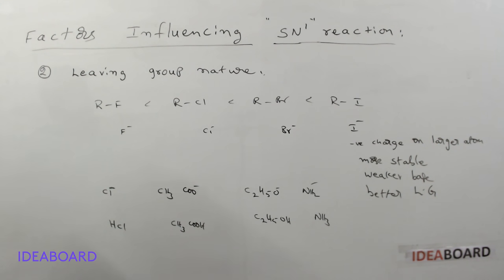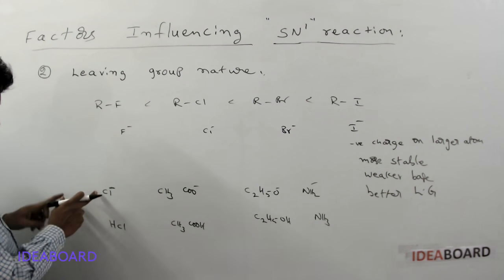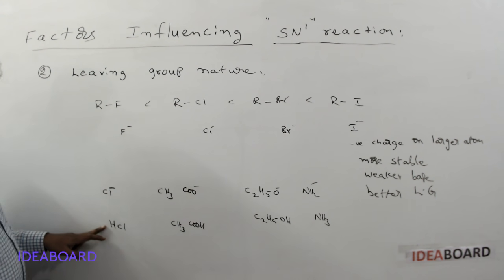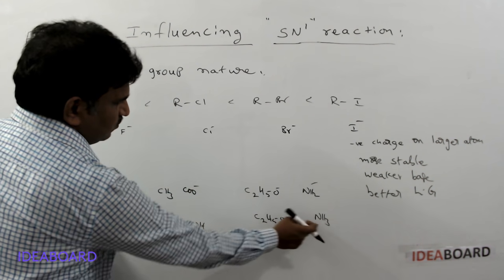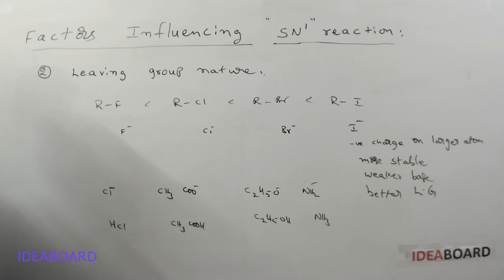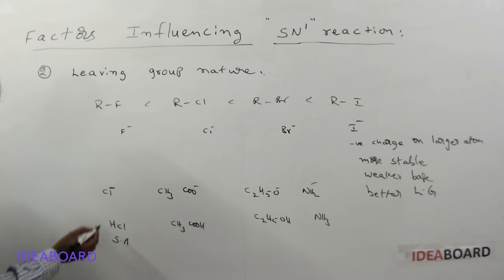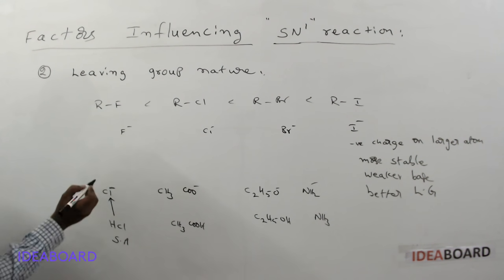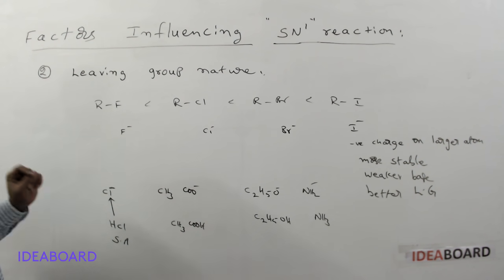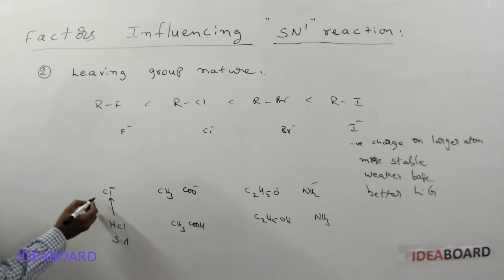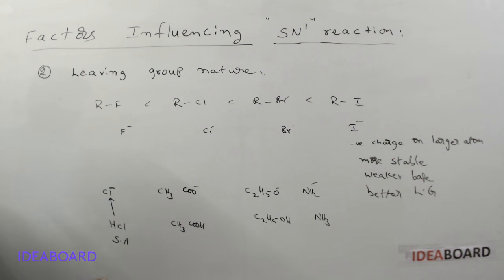So which is the stronger acid? HCl, CH3COOH, C2H5OH, NH3. Yes, very good, HCl is the stronger acid. When HCl converts into Cl minus, it is now a base. A stronger acid releases a proton; it is an H plus donor as per Bronsted-Lowry theory. After releasing, it forms a conjugate base.